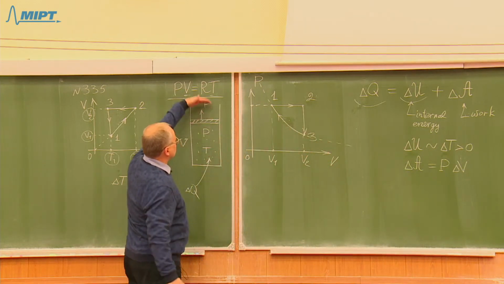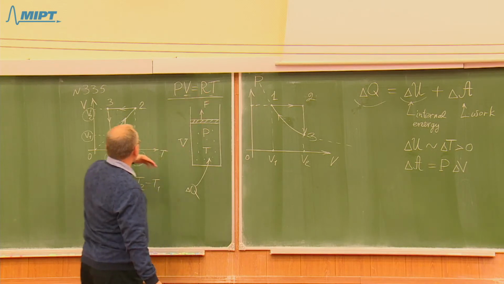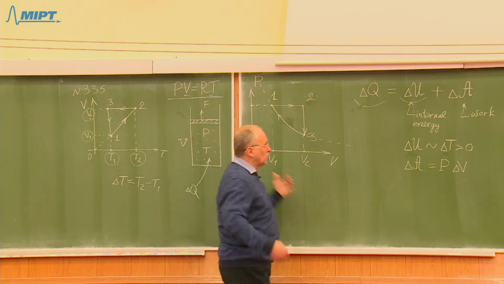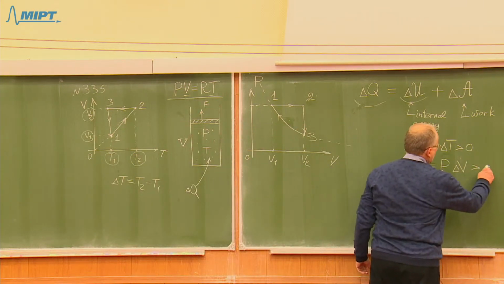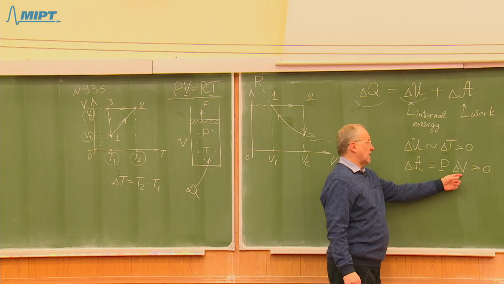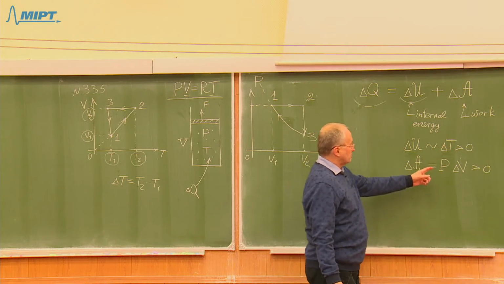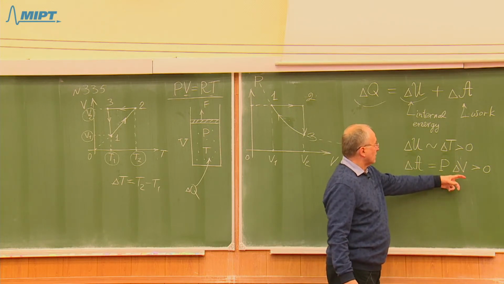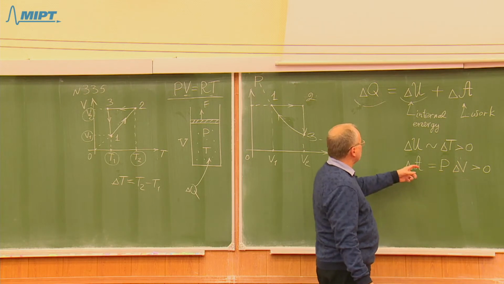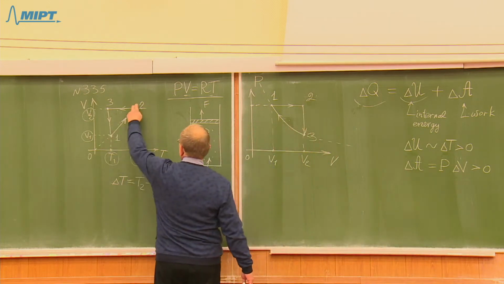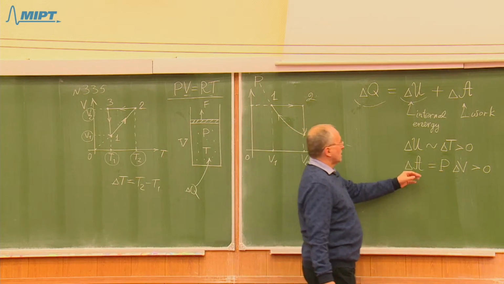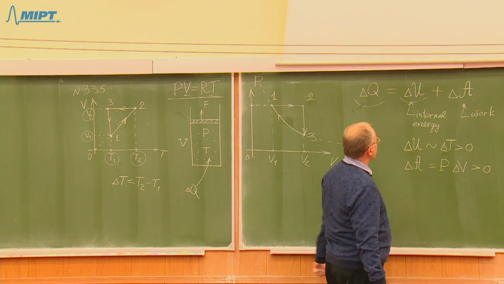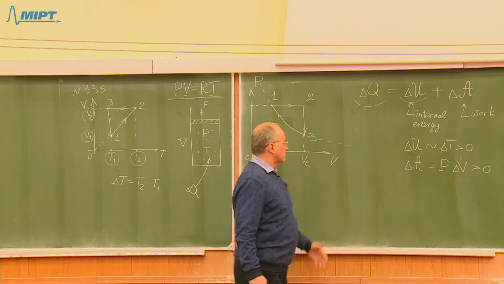So if the gas is expanding, if its volume increases, like in the first process 1, 2, then the gas performs positive work because delta V is positive, like delta T is positive here. The gas performs some work when it's expanding, when the volume is increasing. So the gas performs some positive work, and also the internal energy of the gas increases. So delta Q is positive.